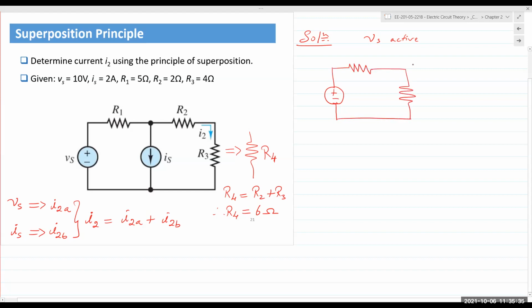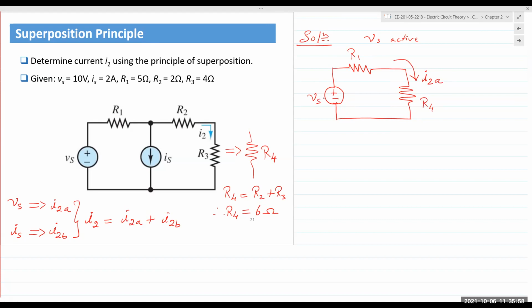And that's it. You have I2A going down here through R1, R4. You have voltage, you have resistance. What technique comes to mind? Ohm's law. As easy as that.